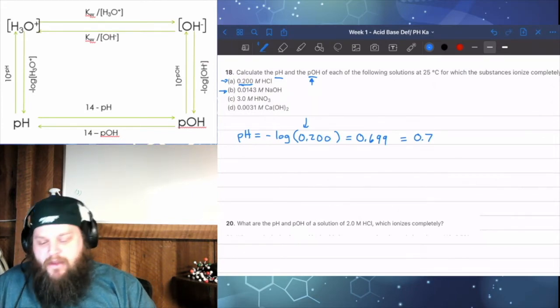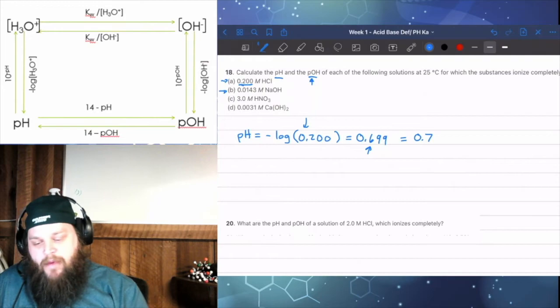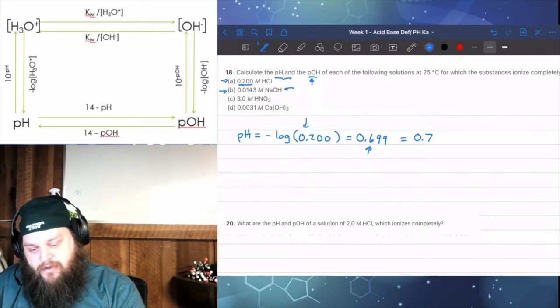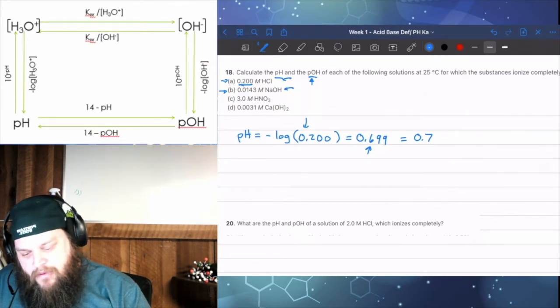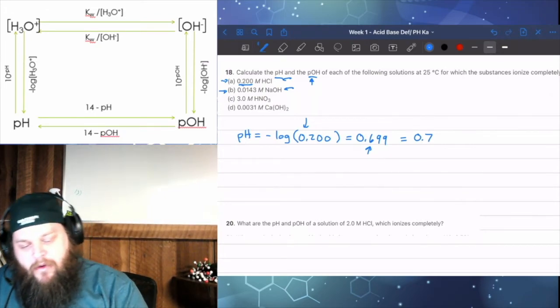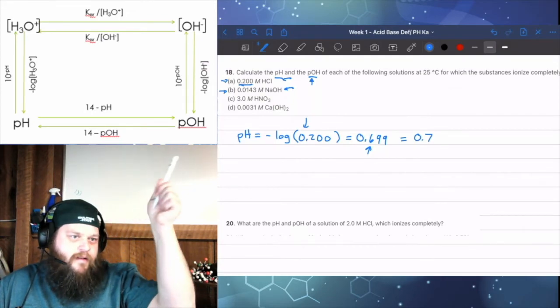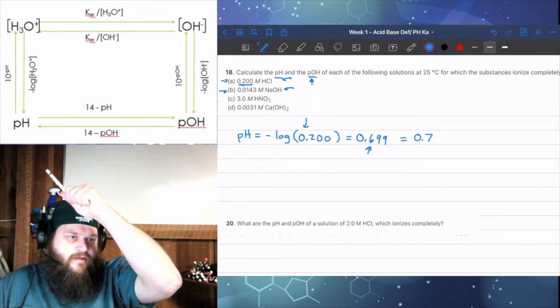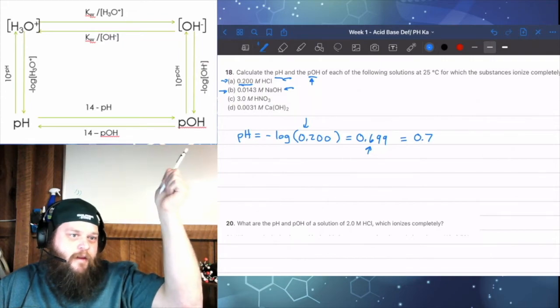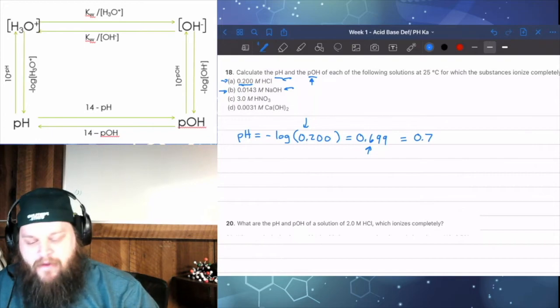If we did that using the pH, we would end up going back to what the concentration was originally, right? What we need to do, because they have this relationship right above my head, that bottom of that box says that to find pOH from pH, you can take 14 minus pH, right?